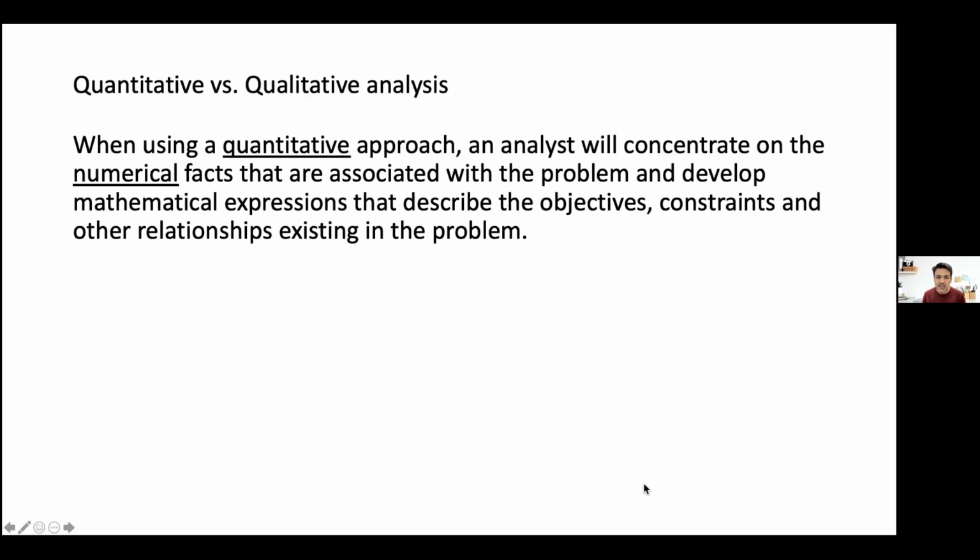Quantitative analysis is the approach where you consider numbers. You can summarize everything into numbers and base the result on that mathematical analysis, and find the best alternative based on those raw numbers.